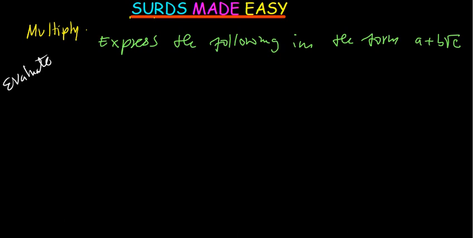And then the question is, let me use a 3 minus 2 root 5, and then multiplied by a 3 root 5, okay, minus a 2. So let's go on and work this one out.